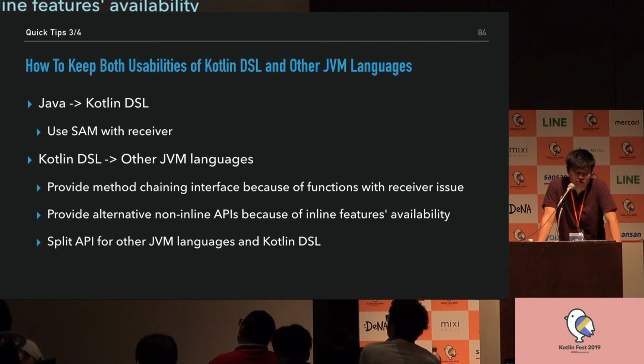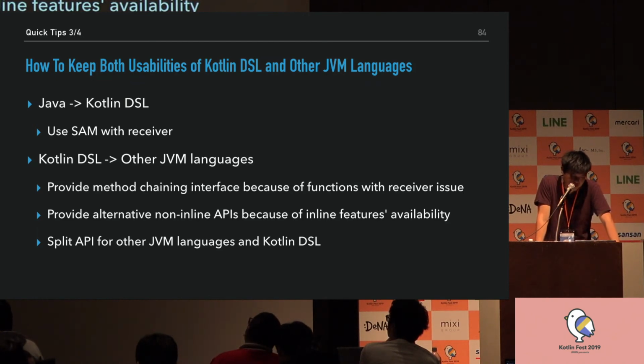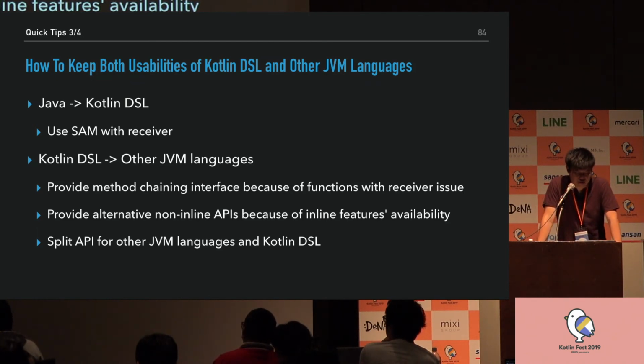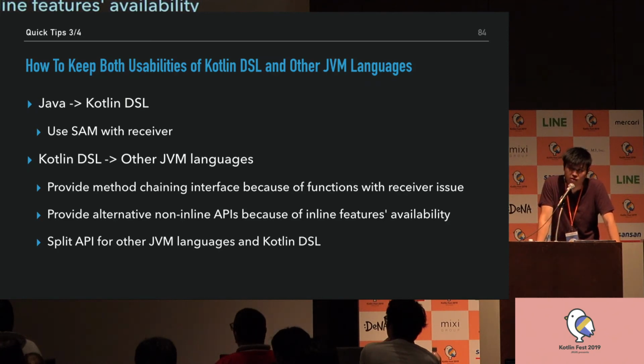It's a feature only for Kotlin, so we need to have alternative non-inline APIs. So I recommend you split the API for other JVM languages and the Kotlin DSL into multiple implementation layers or artifacts.